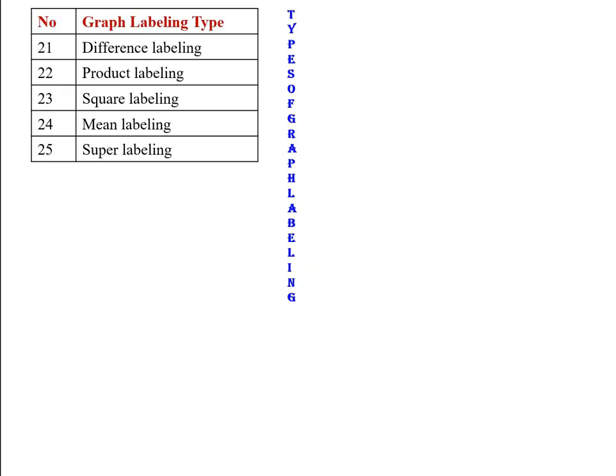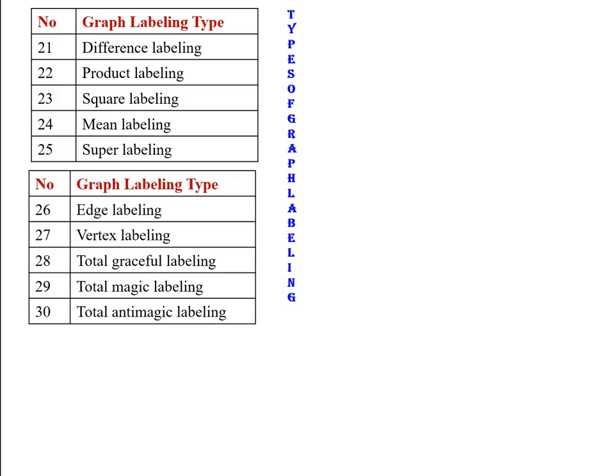It continues. Difference labeling, product labeling, square labeling, mean labeling, super labeling, edge labeling, vertex labeling, again it's getting repeated.